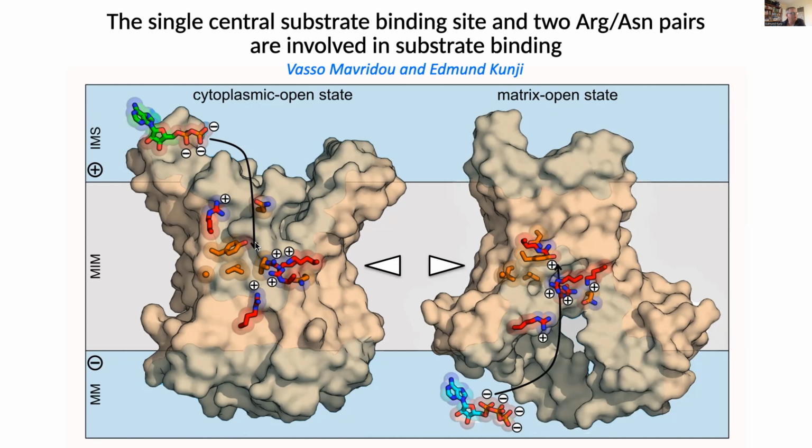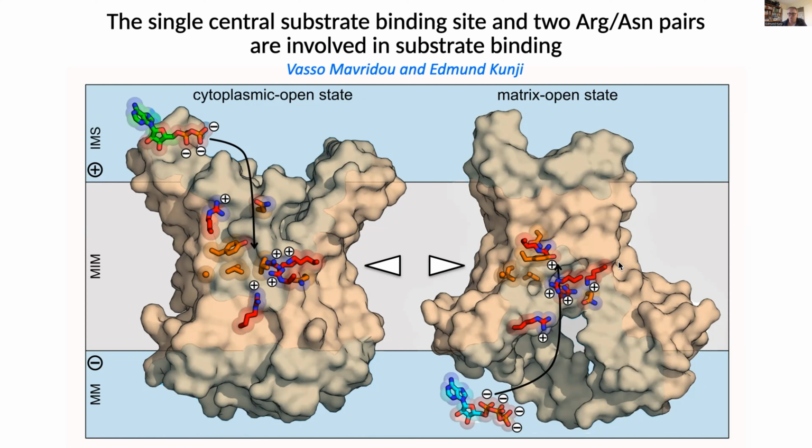On this side, you get the residues that are important for binding, shown here in orange, which we believe bind the adenosine moiety. And opposite of it are three positively charged residues, which we think are interacting with the phosphate moiety. And when you look at those residues in the central binding site, they're pretty much in the same position in both states. So we think these are the residues that carry the substrate from one state to another.